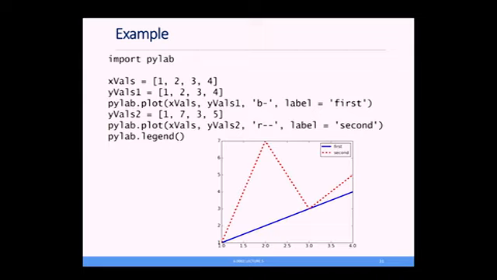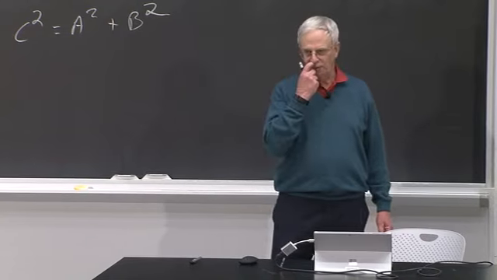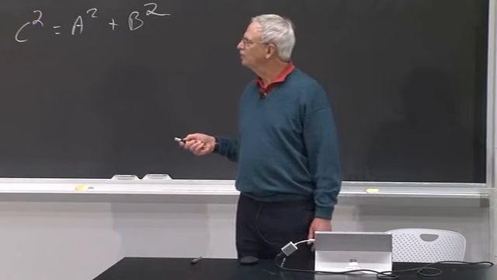Y vals 2 is a different list. I'll plot it again. Here I'm going to say I want a red dotted line, and the label will be second. And then after plotting it, I'm going to invoke pylab.legend, which puts this nice little box up here in the corner in this case, saying that first is a solid blue line and second a dotted red line, or a dashed red line, I should say.